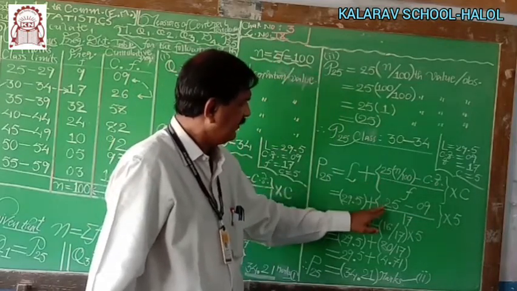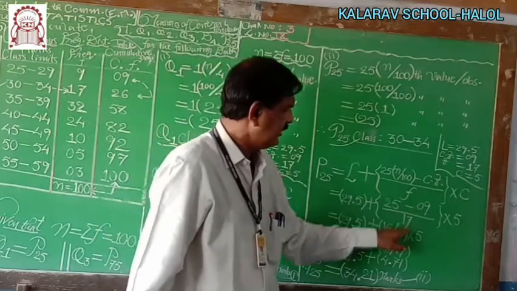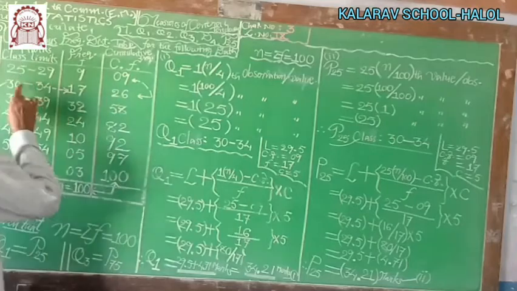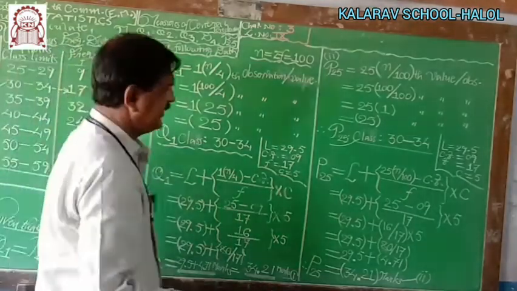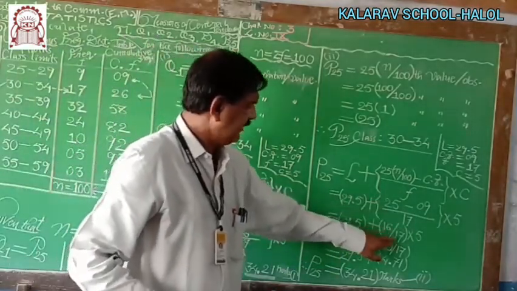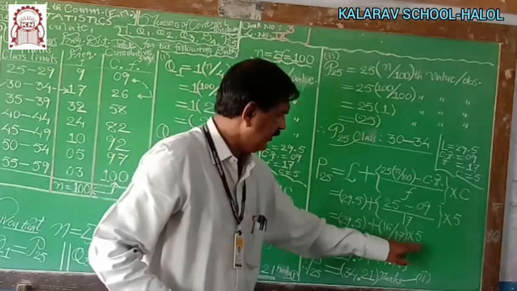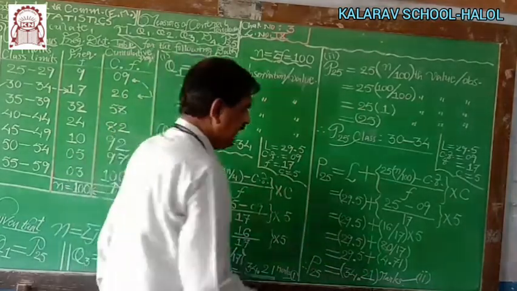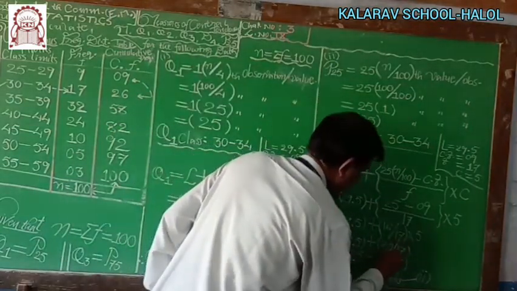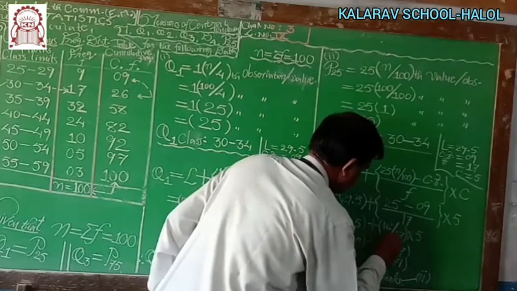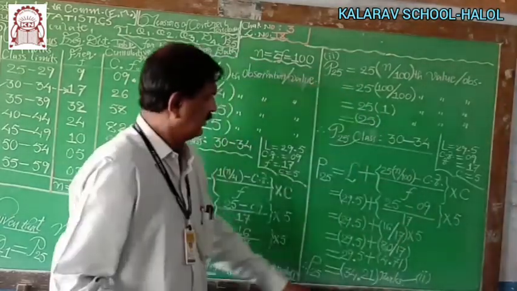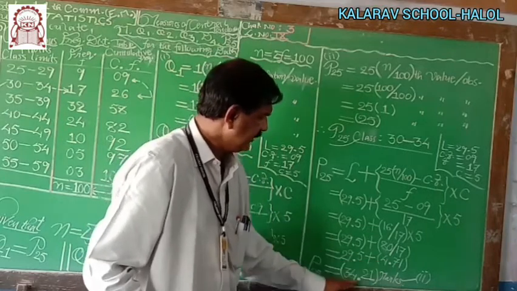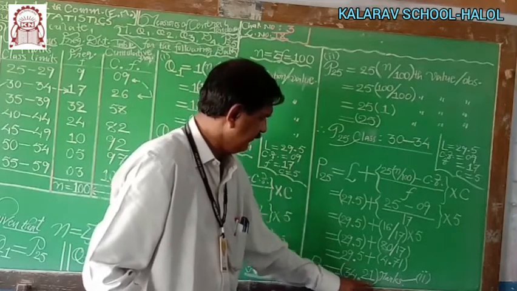This is 25 minus 9 upon 17, where 9 is just above the particular class, and F is 17. 16 multiplied by 5 is 80, 80 upon 17 means 4.71, and the addition of these two gives 34.21.